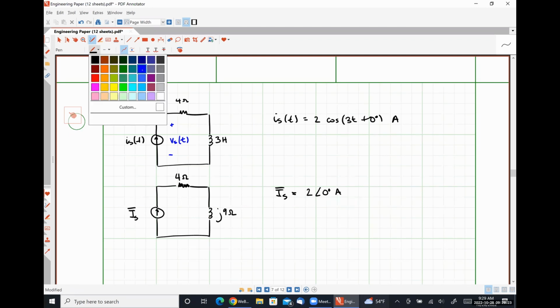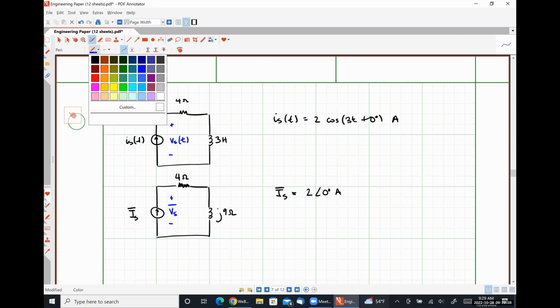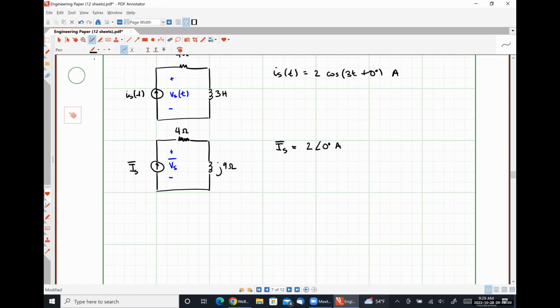We're trying to find this voltage, Vs, and using Ohm's law, we could say that Vs is equal to 2 angle 0 degrees amps times the impedance 4 ohms plus J9 ohms in series. So throw that in your calculator. 2 angle 0 times 4 plus 9i.